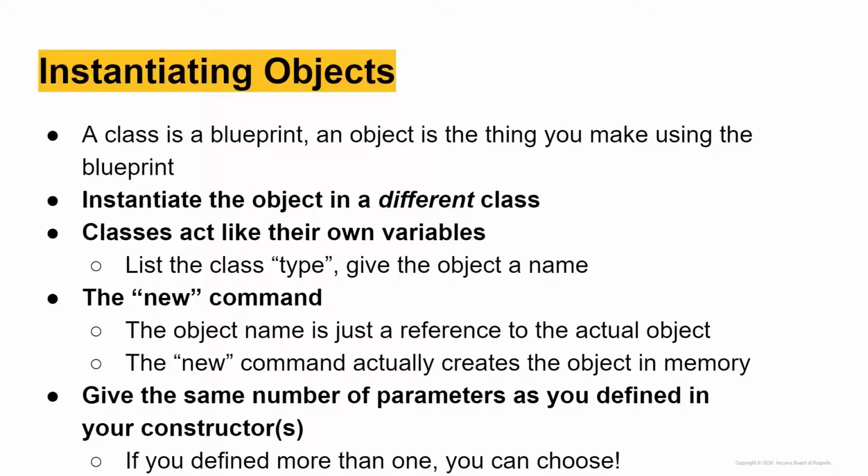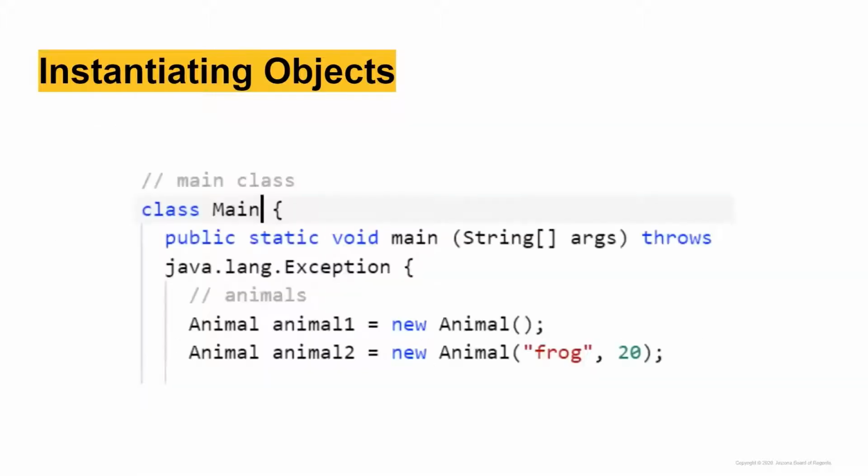We always want to give the same number of parameters as we defined in our constructors. And if you define more than one constructor, then you can choose. So in our example, here we go. We're in our main class right now, in the public static void main method, and I have instantiated two objects of the animal class.